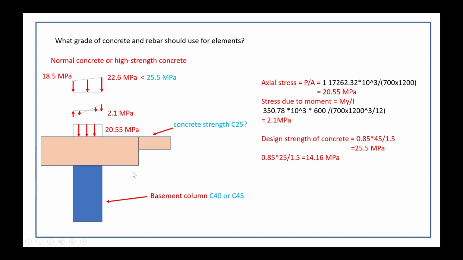So when you use high strength concrete for the column, you should also increase the strength of the concrete slab. You can increase it to 1.2 or 1.3 times the column concrete, or at least use the same as the concrete column.